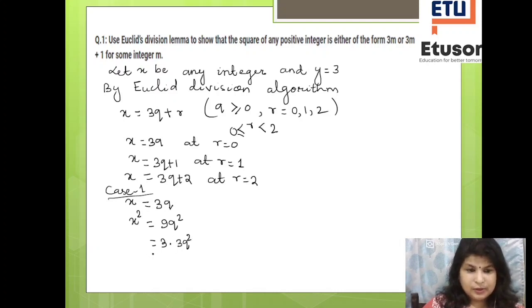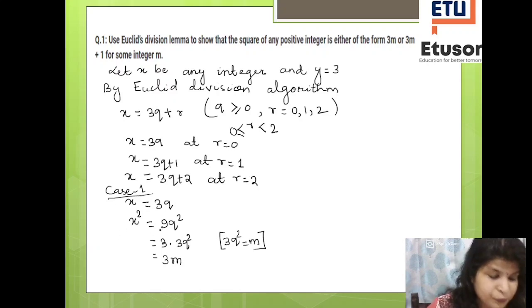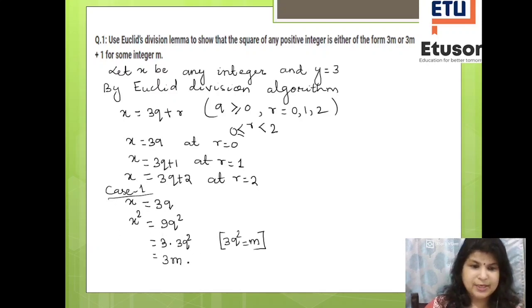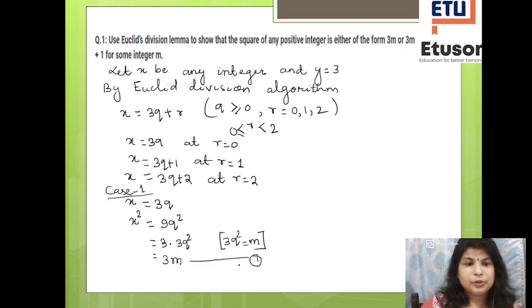So after that, let 3q square be equal to m. So I can write x square as 3 into m, as 3 is a factor of your x square. Correct children? So from your case 1, when r is equal to 0, you will get this value of your x square.